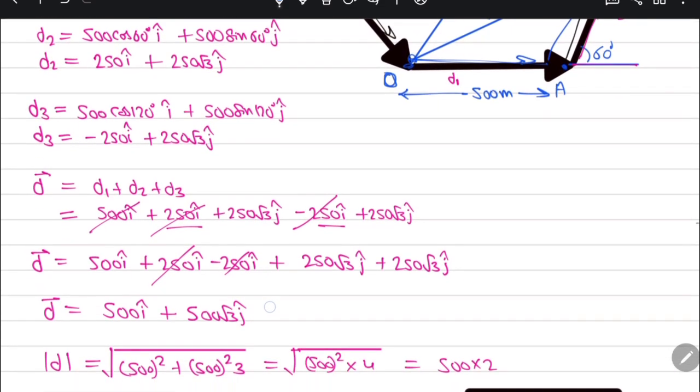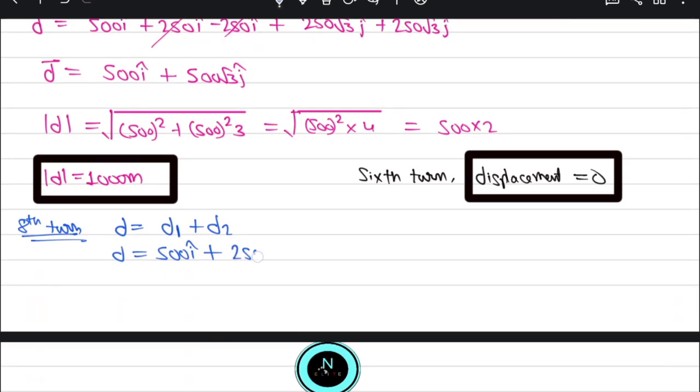D2, how much did you find? 250 i cap plus 250 i cap plus 250 root 3 j cap. So D is equal to 750 i cap plus 250 root 3 j cap. So we have to find this displacement.